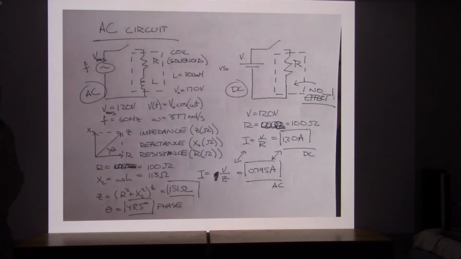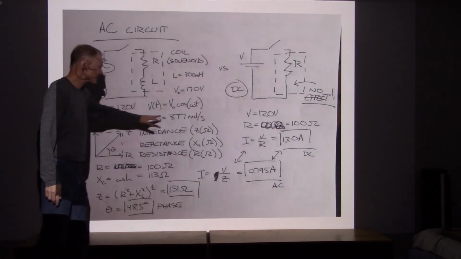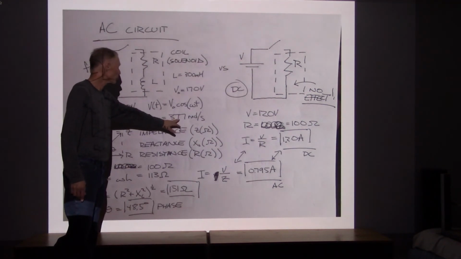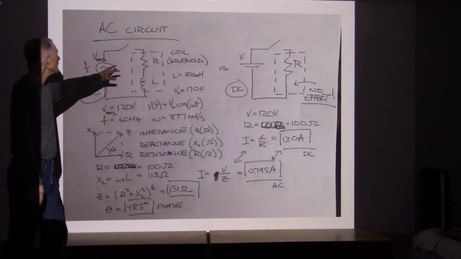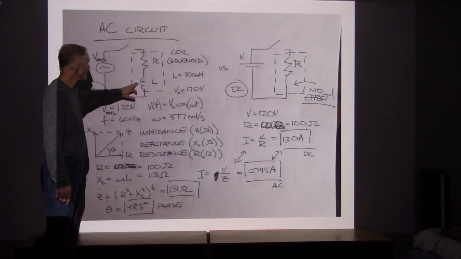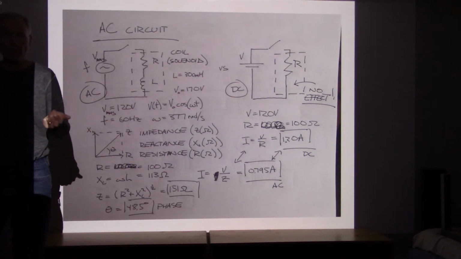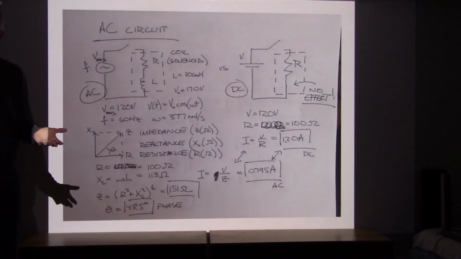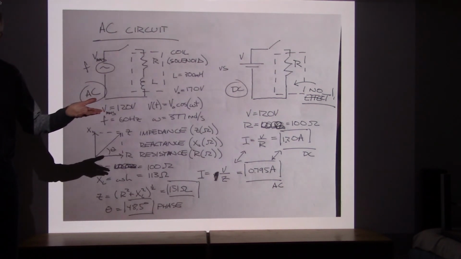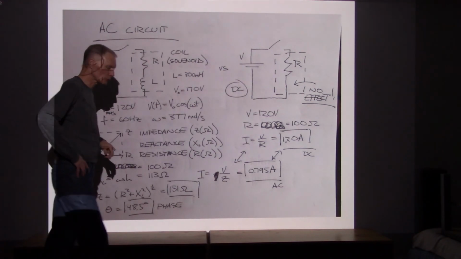They're the frequencies and voltages of our outlets. And the frequency of 60 hertz is the same thing as 377 radians per second. So here's the circuit: AC power supply, here's the resistor, here is the inductance, and since it's an AC driven circuit, the inductor is going to have an effect.